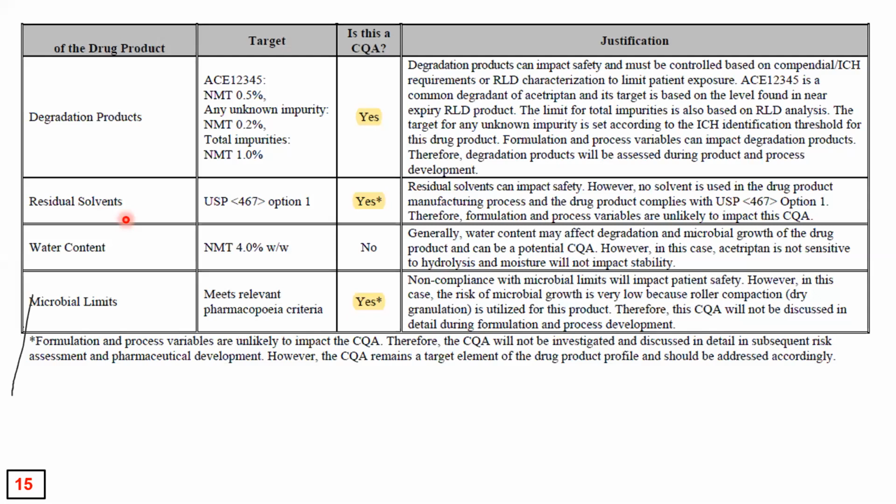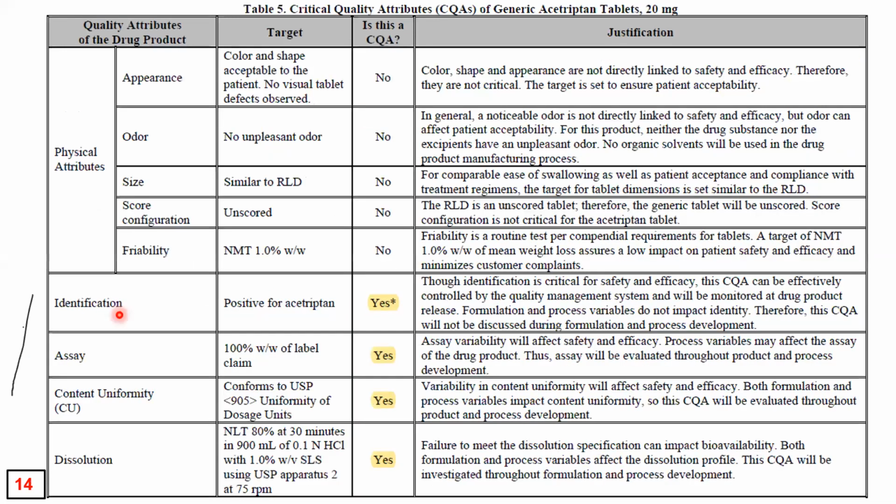In the identification test, we need to develop a robust and rugged HPLC method, so there are no deviations in identifying the exact quantity of the product. If the HPLC method or any analytical method is not developed properly, it leads to misreading of the results. So if you make a proper analytical method, you can avoid this critical quality attribute at the beginning of the development.